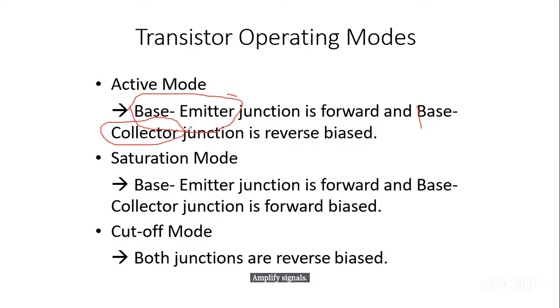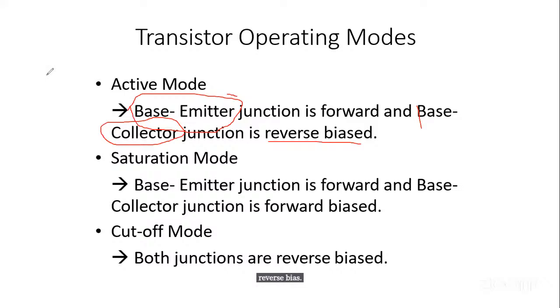So if I want to amplify signal, the transistor must be in active mode. If the transistor is not in active mode, it cannot amplify signal. So for any transistor to be used for amplification, it must be in active mode. The emitter base junction is forward biased. The collector base junction is reverse biased.